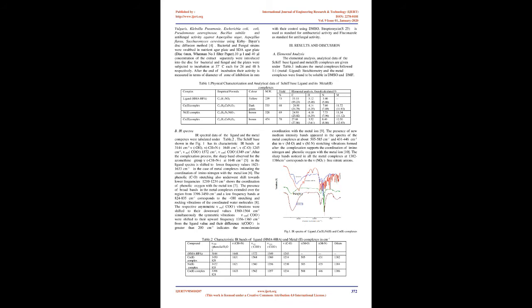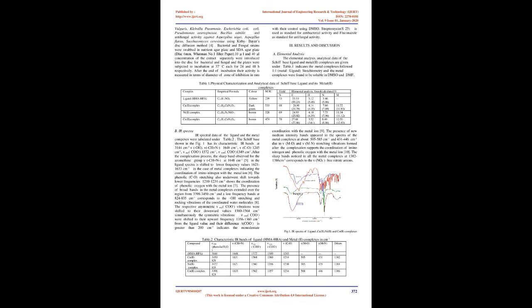The FTIR spectra were obtained from Thermo Nicolet, Avatar 370 in the frequency range 4000-400 cm⁻¹. The ultraviolet visible spectral data were recorded in the range 200 to 800 nanometers using Varian Cary 5000 spectrophotometer.